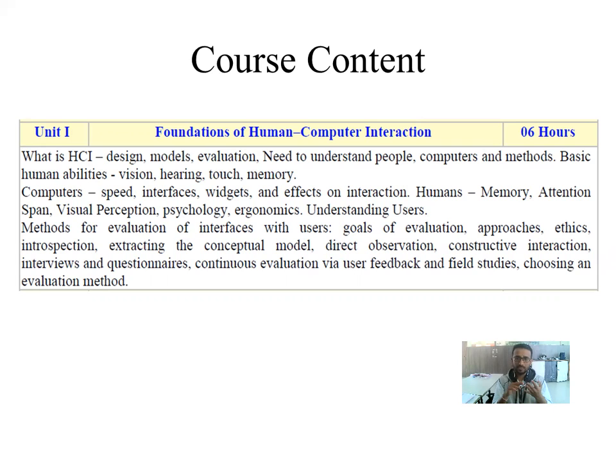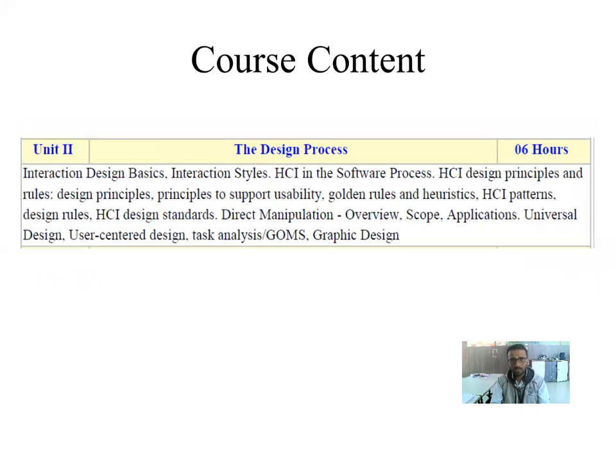This part we are going to discuss with the help of goals of evaluation. Then there are different types of approaches to evaluate the interfaces that are going to be used with users. Different types of ethics, introspections, and extracting the conceptual model are also there. All these topics and subtopics we are going to discuss to complete unit number 1.